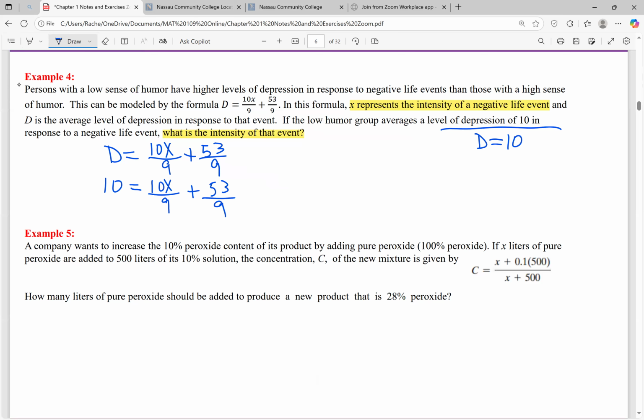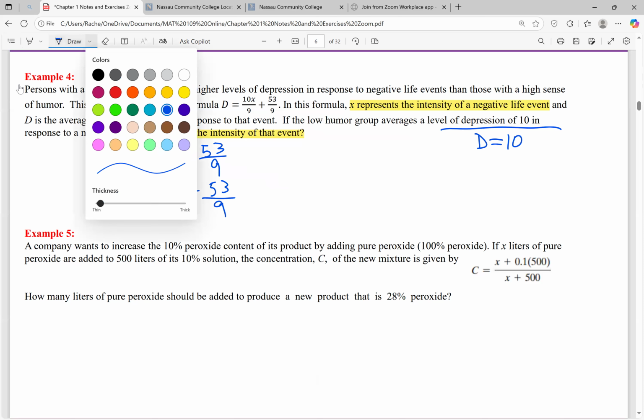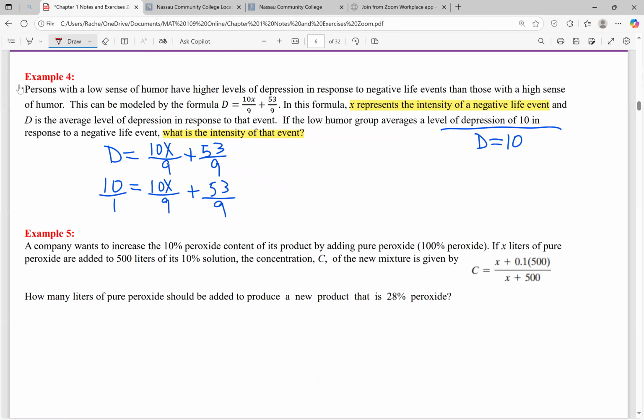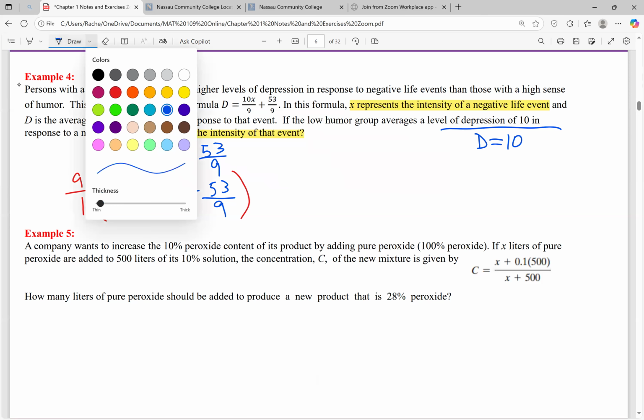And remember in the previous video how we were solving these rational equations where we have fractions. Multiply the numerator and the denominator by the least common denominator, which in this case is going to be 9. So I'm going to multiply every fraction in this equation by 9. So we're going to distribute the 9.